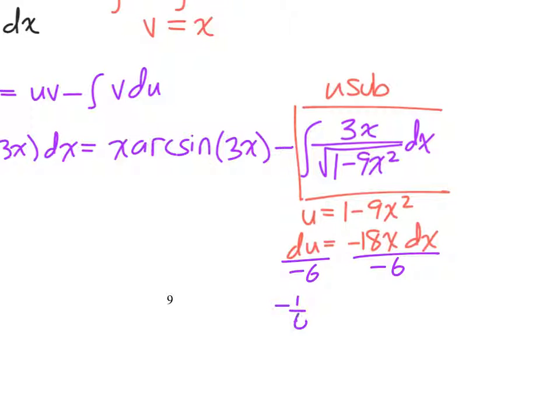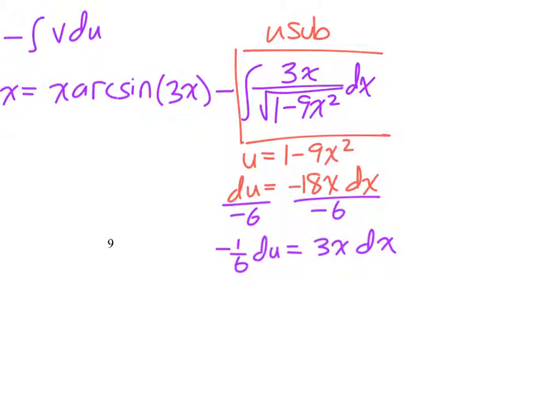So negative 1 over 6 du is going to be equal to 3x dx. All right, so a little bit of housekeeping. You can incorporate the negative like I didn't do in the last one if you want, or you can just leave the negative alone. It doesn't really make a difference.